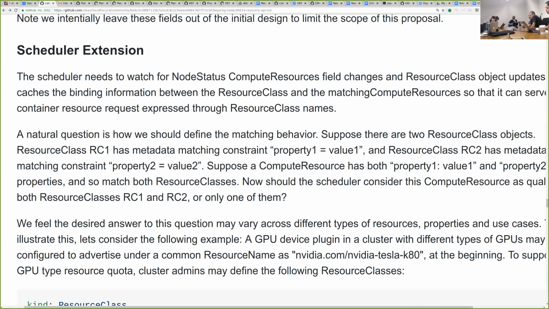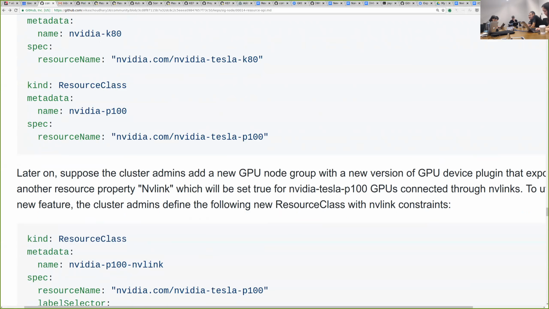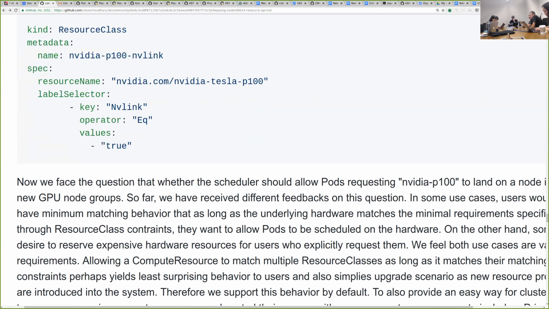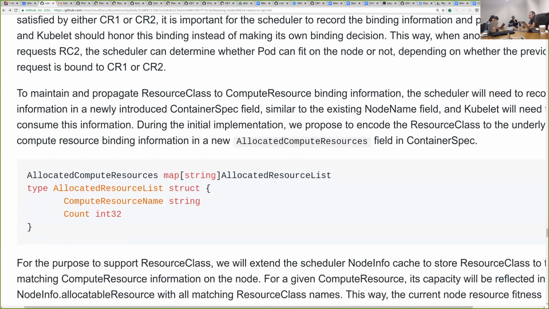So Bobby, we updated the type to reflect the current PR design model. Basically the field we proposed to add in the container spec encodes the binding information from resource class to compute resource.